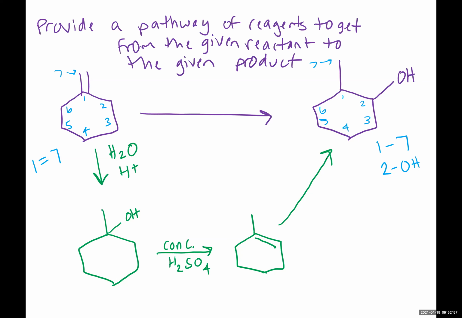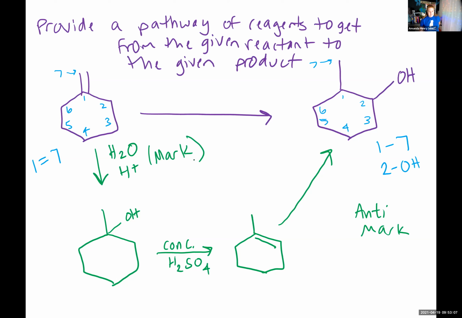It'd be anti. Yeah, and we can even put those little notes in there for yourself, or even it can be on your test, it can be for me, so that you're telling me that you know what you're doing. Those things can help you get some partial credit if maybe your reagents aren't quite right. Do we remember what reagents we need to add an alcohol anti-Markovnikov?